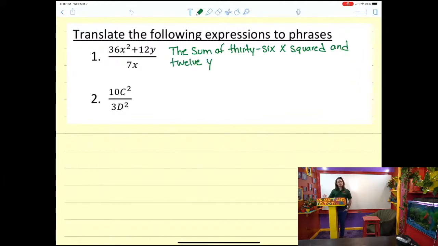And like I said before, we use the word quantity to say that all of that together makes up the numerator. So we're going to say quantity divided by 7x.